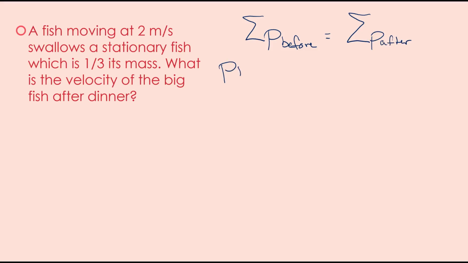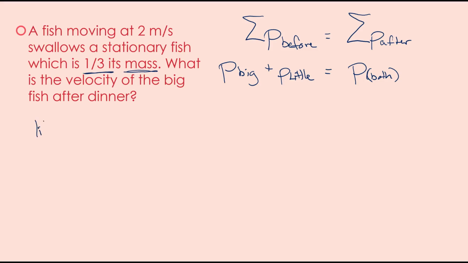So the momentum of the big fish before plus the momentum of the little fish before equals the momentum of both fish after. Now, we're not told the big fish's mass. We're told that the stationary fish has 1/3 of the big fish's mass.